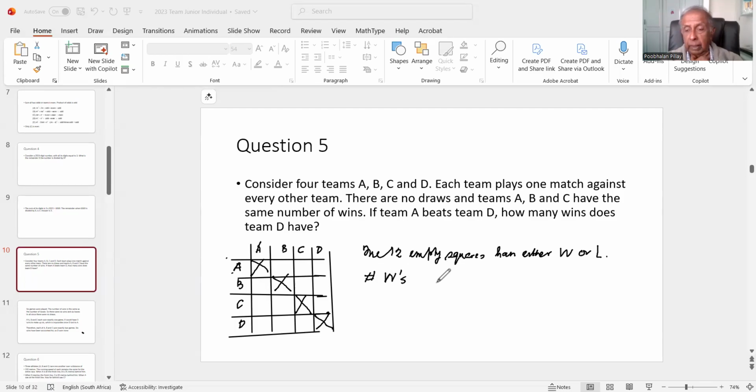Each time you have a W, you have an L. Number of wins is the same as the number of losses. So therefore, there should be 6 L's, or 6 wins rather. It's the same thing. But I need to write down the 6 wins altogether.